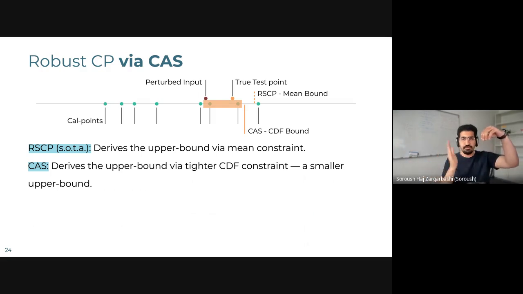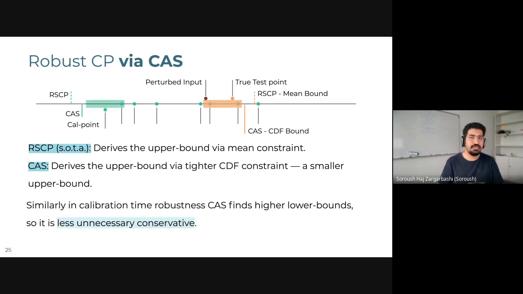So I know that the upper bound in the case that I was talking about, the test time robustness, is always higher than any score in here. But I could be conservatively high by too much, so that I include labels that I don't need to. But if I use the CDF bound, I can limit this just to the points that I need for this robustness. And therefore, my set sizes would be again smaller.